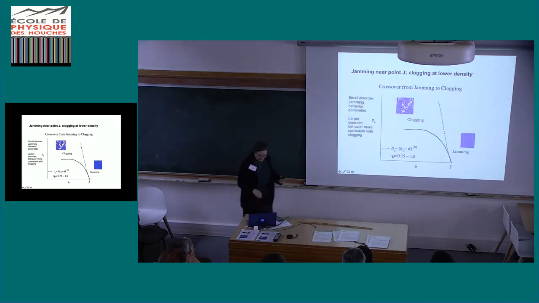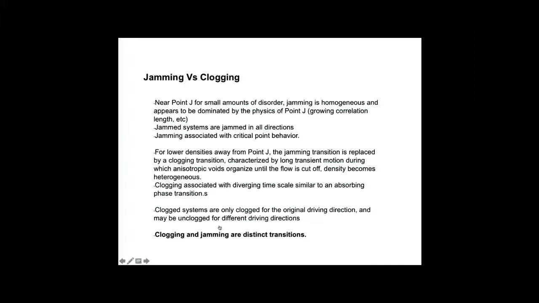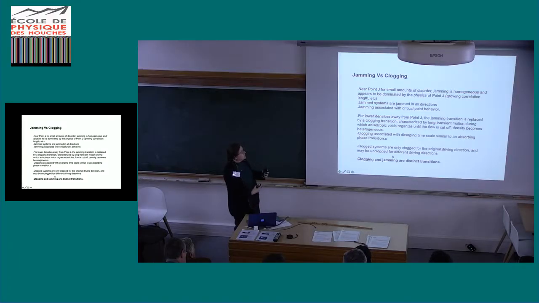So just to summarize the distinction between jamming and clogging, we have the jamming transition up here at these high densities close to this original clean point J, but we have a big window of a clogging transition down at these lower densities. The jamming is a homogeneous process. It's jammed in all directions, and it appears to be associated with an equilibrium type critical point behavior where we have this diverging length scale.